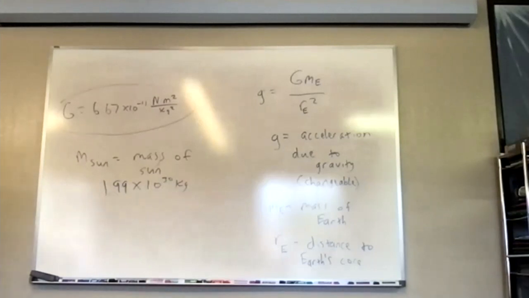We won't use the last one that often, but it would still help you to have those 3 on your note card. Be sure that when you use R, it's in meters. Always have kilograms for mass and meters for R.